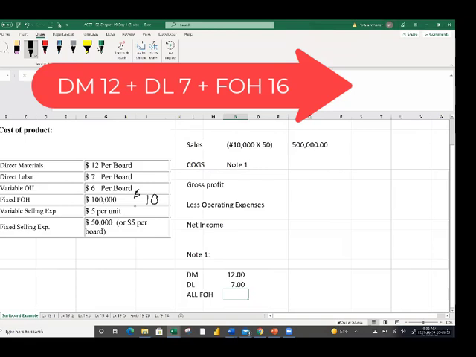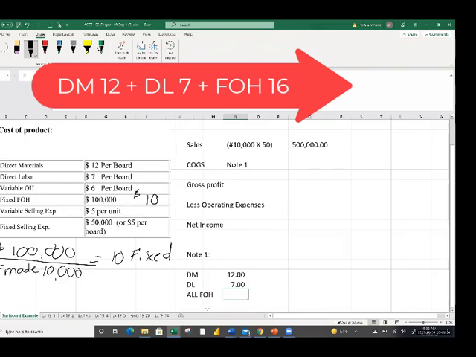The fixed overhead, we said earlier, would be $10 per board. How did we get that? We took 100,000, that was the dollar value, and divided by the number of units made. Remember, it's a production cost. Since we made 10,000 boards, we came up with a fixed overhead cost of $10 per board.